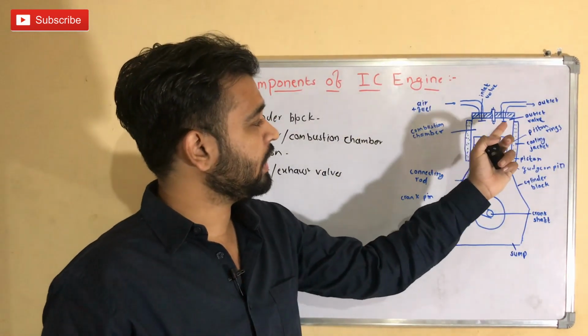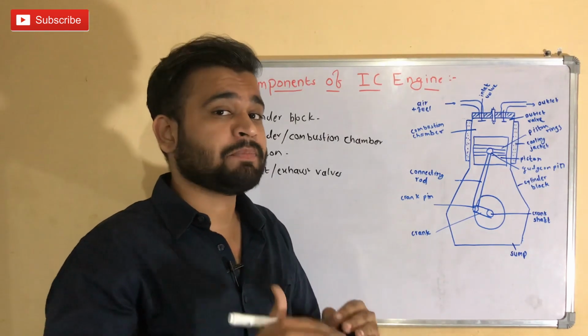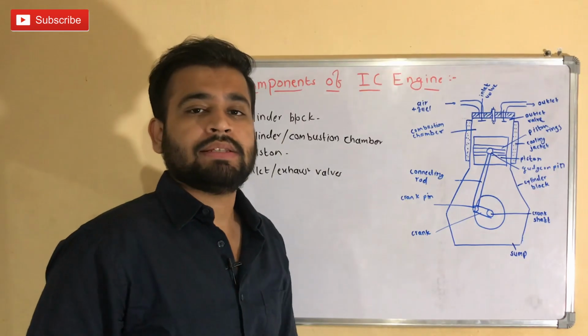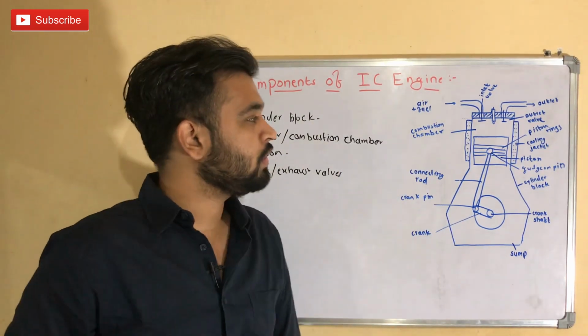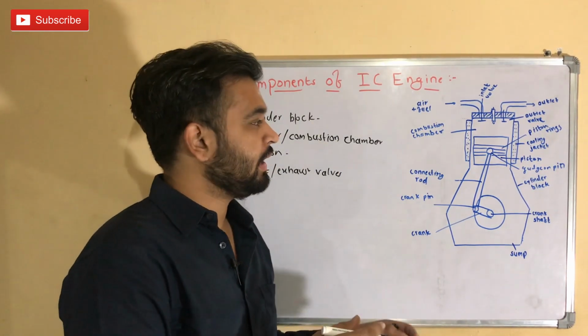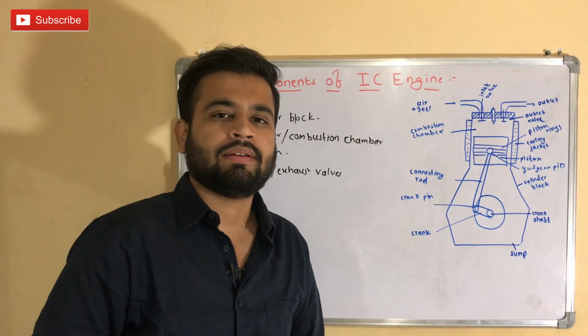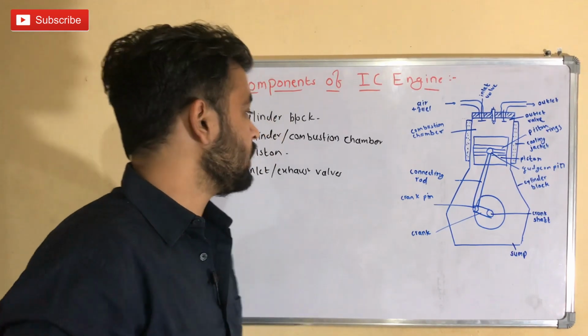The inlet and exhaust valves open and close at specific times of the cycle. This opening and closing mechanism is operated by the camshaft, which we will discuss in another lecture because it's a vast topic. So our next component is the connecting rod.